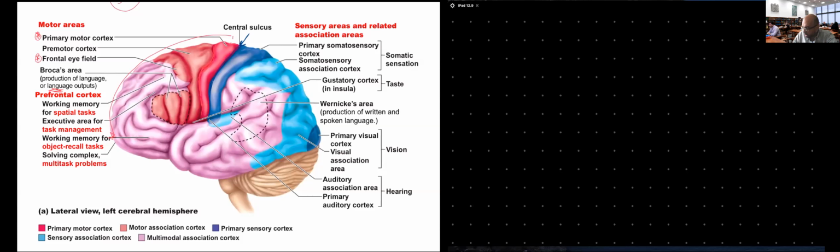We call this large area, you see how large it is compared to even the premotor, precentral gyrus, the primary motor cortex. This large brain area is responsible for language production and language output. This is called Broca's area.